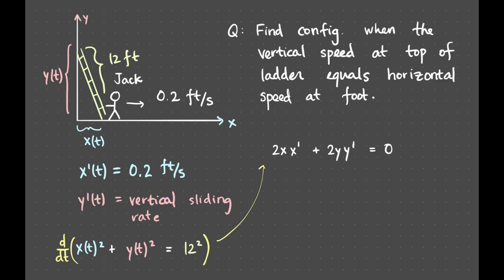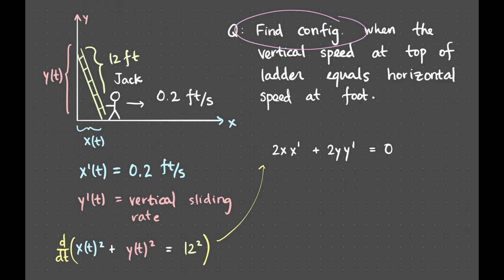Now, at this point, it's helpful to remember what exactly the problem is asking for. What we want at the end of the day is the configuration of the ladder, which means that we really want to determine values for x and y to say how far the ladder has slid. Here's one way we could obtain the values of x and y. Recall that at the instant in question, the magnitudes of x prime and y prime are equal to one another.